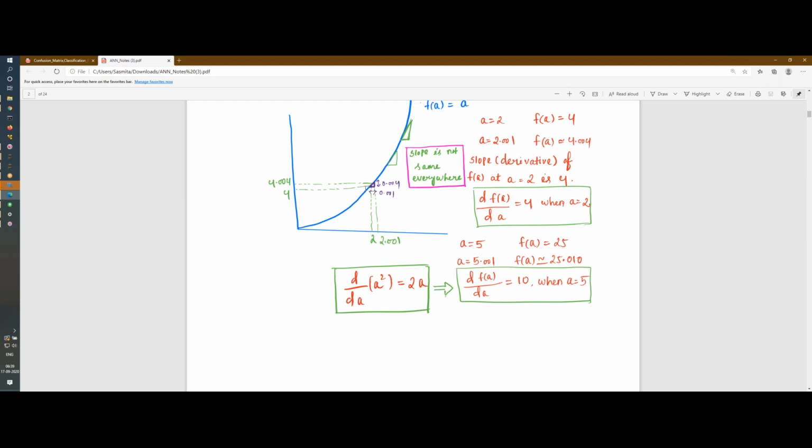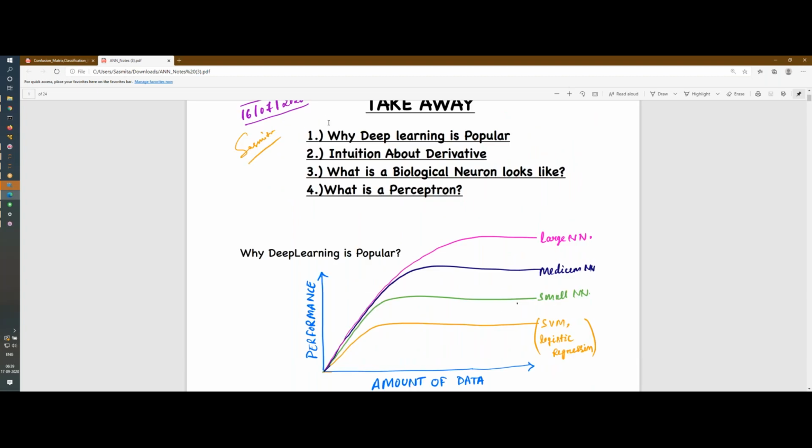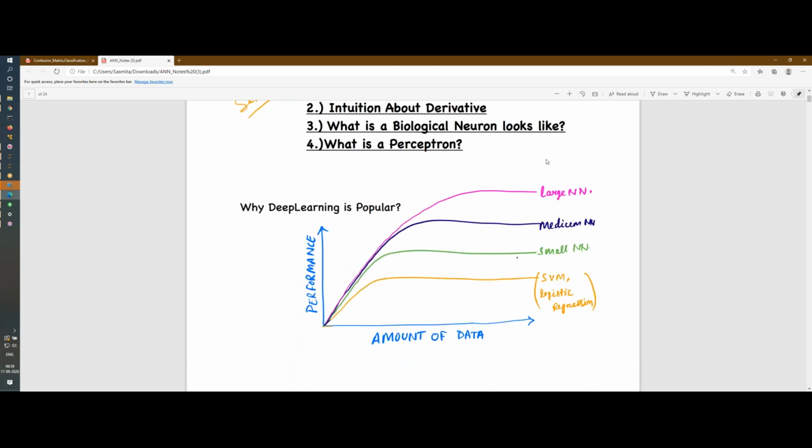So the first kind of algorithm that we are going to discuss now is called ANN, artificial neural network. This is the base, like we are learning the alphabets of deep learning neural network right now. So once we have learned alphabet, the next, as I described you, right, this particular diagram, if you remember, small neural network, medium and complex. So we are learning about the base algorithm first, that is ABCD.